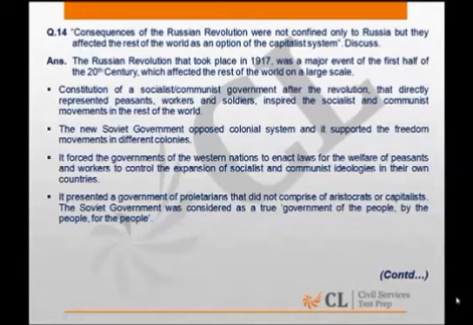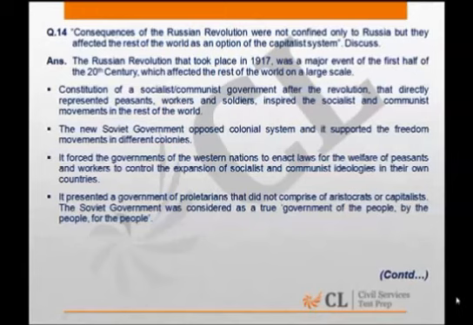the Russian Revolution took place in 1917 under the leadership of Lenin, and it was the establishment of a communist government as an option to the capitalist regime.